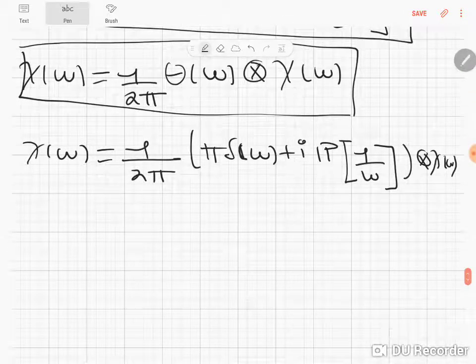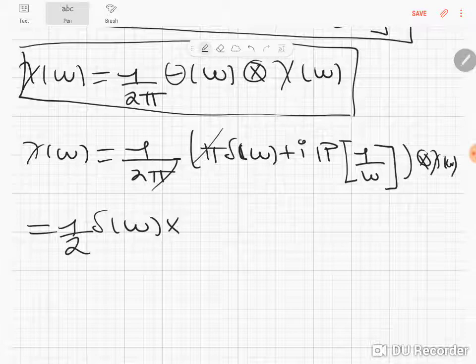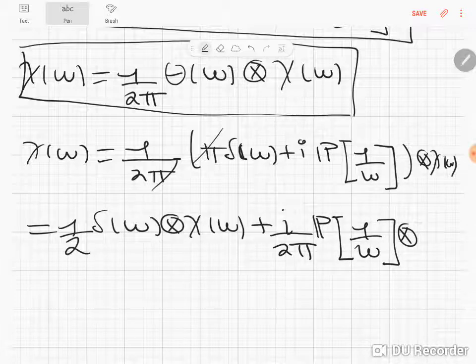Okay, what does that give us? This pi cancels with this, giving us a half of delta of omega convolution with chi of omega. Here this is plus i divided by 2 pi, the principal value of 1 over omega convolution with chi of omega.